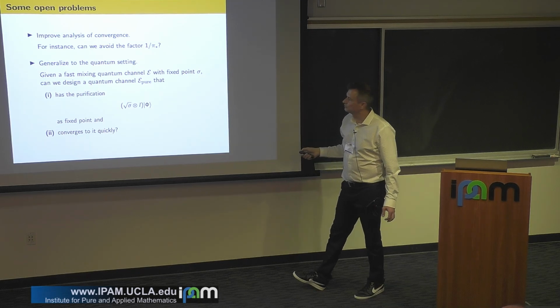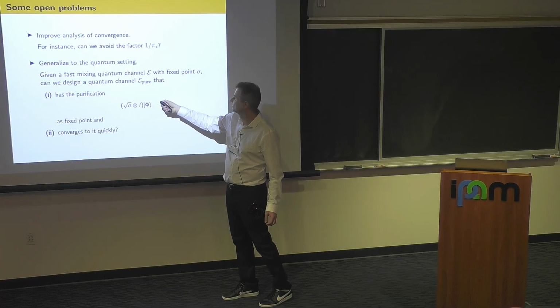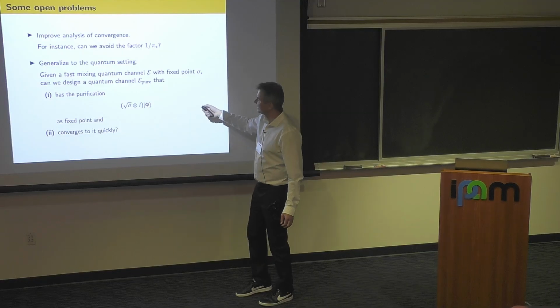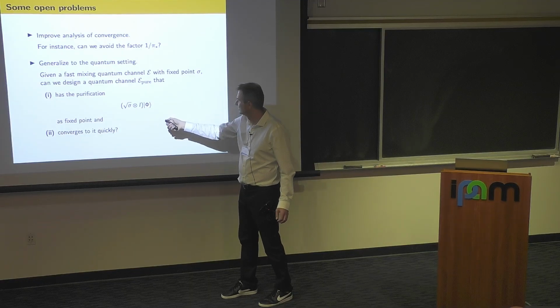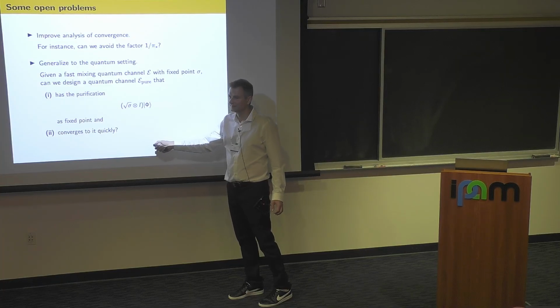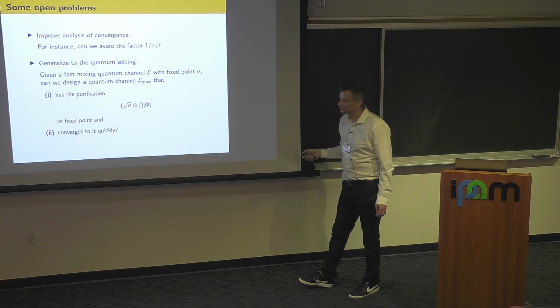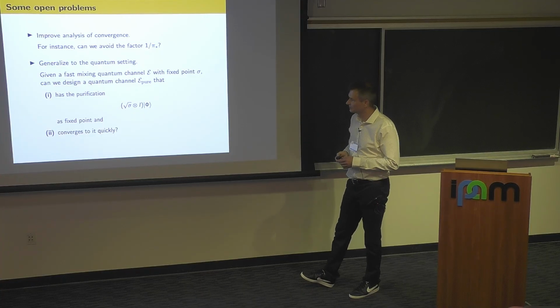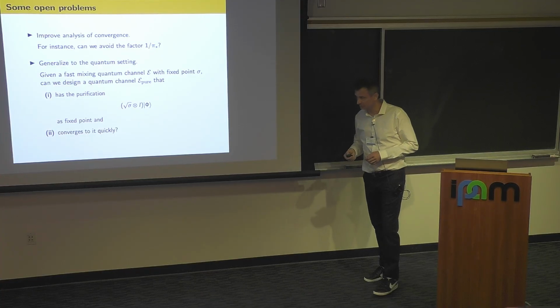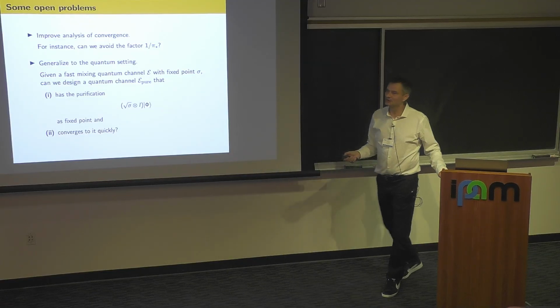And could you design a quantum channel, I call it E pure, that has this purification as fixed point and converges to it quickly. But I have no idea how to do that. I mean, I don't know if there's something like a generalization of couplings to the quantum setting.